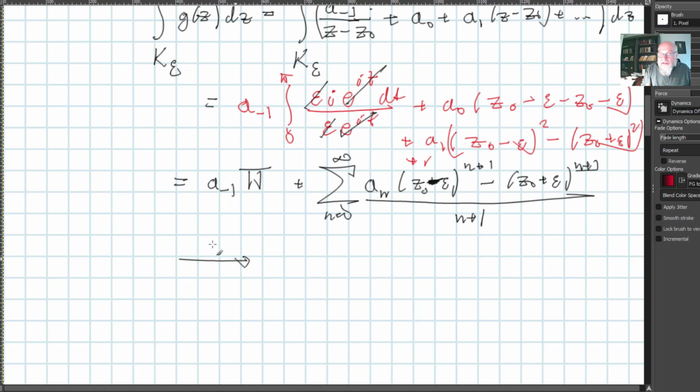So what I'm getting is that this is equal to pi i, 2 pi i times a minus 1, plus 0, because these two values eliminate each other: z0 to the power n minus z0 to the power n is 0.